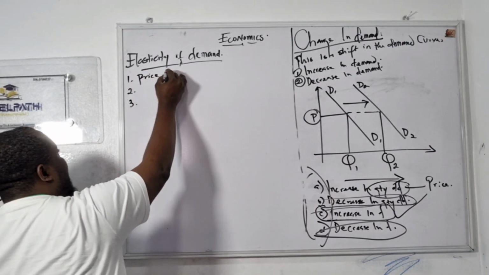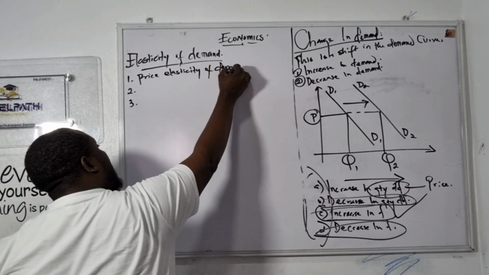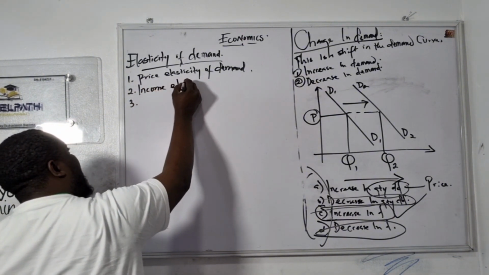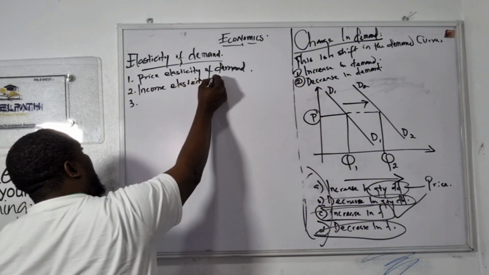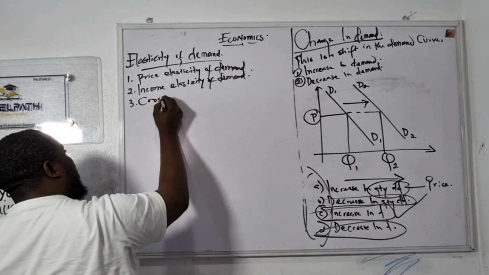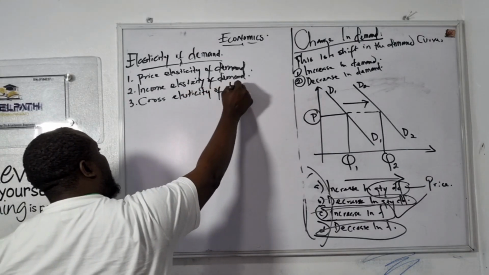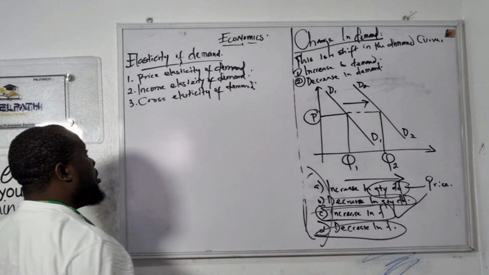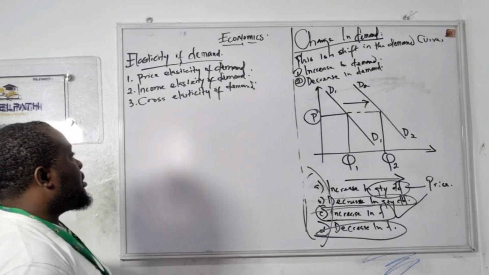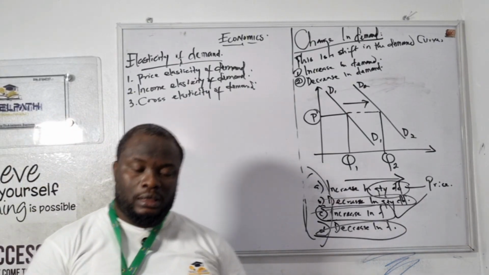We have what we call price elasticity of demand. We have income elasticity of demand. And lastly, we have cross elasticity of demand. We have price elasticity, income elasticity, and cross elasticity of demand.